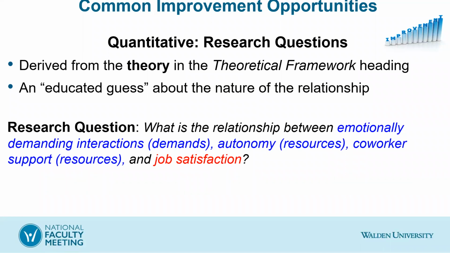Our second bullet, educational guess. An educational guess comes from a deep study of the literature so that you come up with your research question. Be mindful that the purpose of any research is to answer the research question. Next slide.